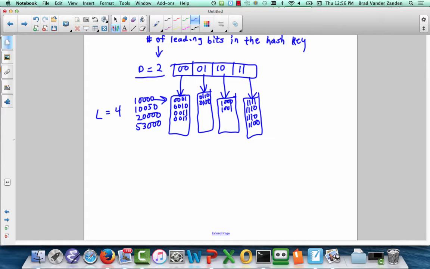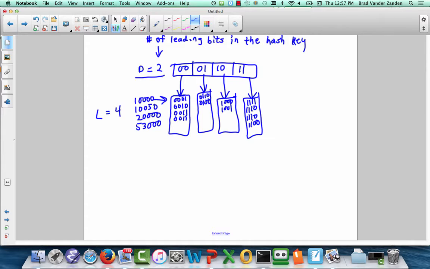Last time, I know that my math was horrible, but didn't we come up with around 500 keys that could be stored in a 4096 byte block? Yeah, we came up with something like that. So in actuality, L would be more like 500. But for our purposes, L is equal to 4.